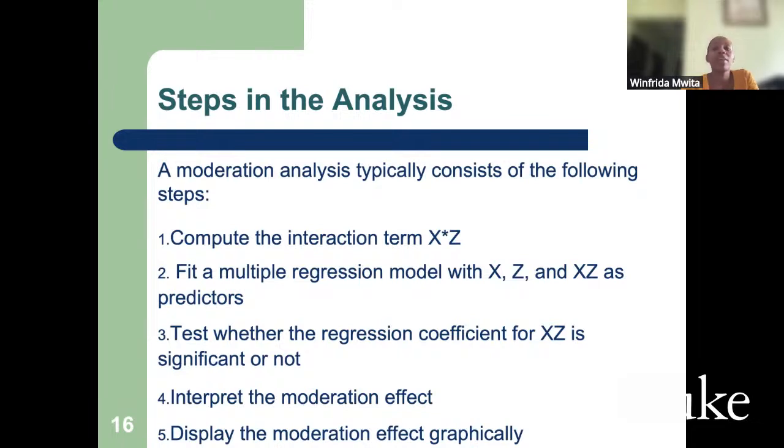Then you would fit a regression model with your predictor X, your moderator Z, and XZ, the interaction term. From the regression output, you see if XZ is statistically significant. If it's significant, you can interpret it. If it's not, you shouldn't interpret the interaction term or consider that moderating effect. You can display the moderating effect graphically if you find the interaction term significant in your model.